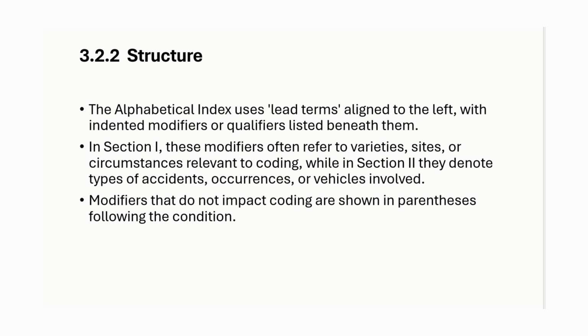Now, the structure of the alphabetical index uses the lead term aligned to the left, with the indented modifiers or qualifiers listed beneath them. In section 1, these modifiers often refer to varieties, sites, or circumstances relevant to coding, whereas in section 2, they denote types of accidents, occurrences, or vehicles involved. We should remember that modifiers in parentheses following the conditions do not impact coding.